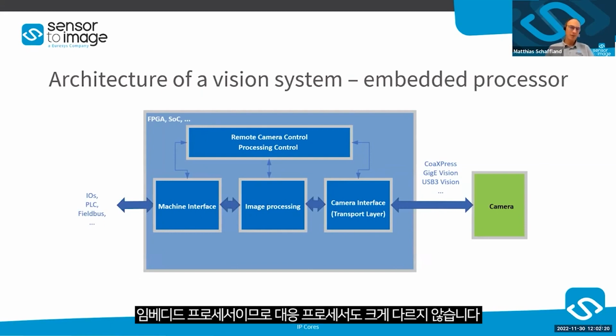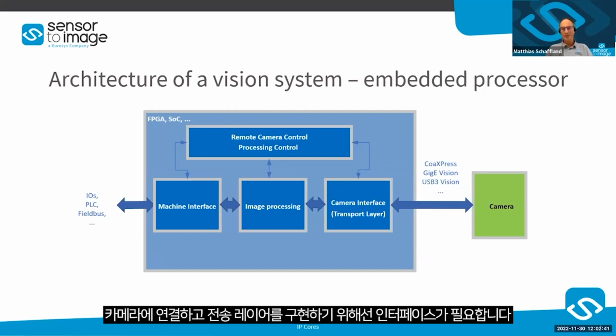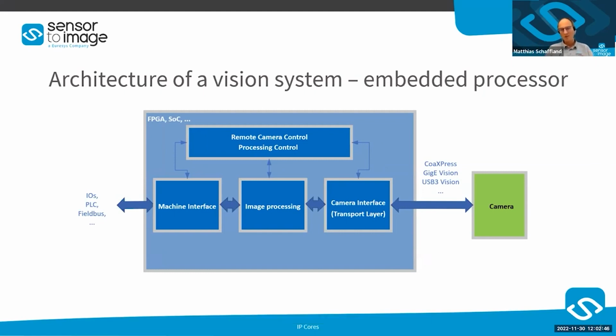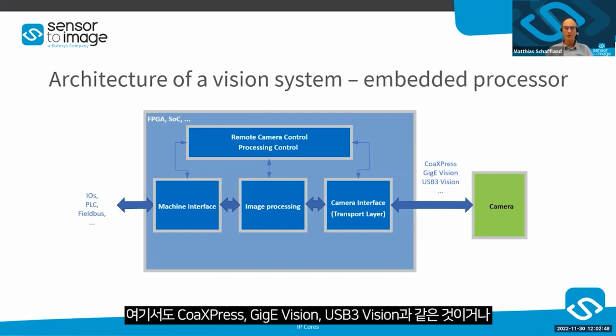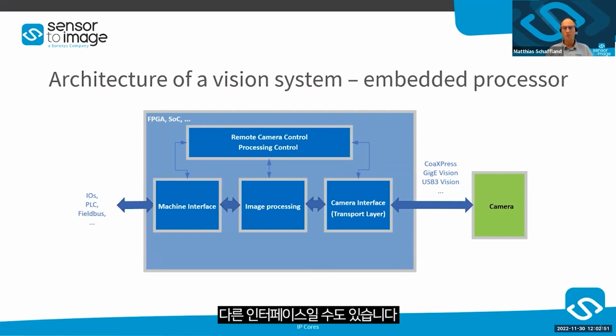An embedded processor, the counterpart, is not too much different. You have your external camera, which is connected to your processing system, a processing board, which again could consist of an FPGA or an SoC or an embedded PC or something like that. You need an interface to connect to the camera and implement the transport layer. In our case here, again, something like CoaXPress, GigE Vision, USB Vision, or it could be MIPI and other interfaces as well.